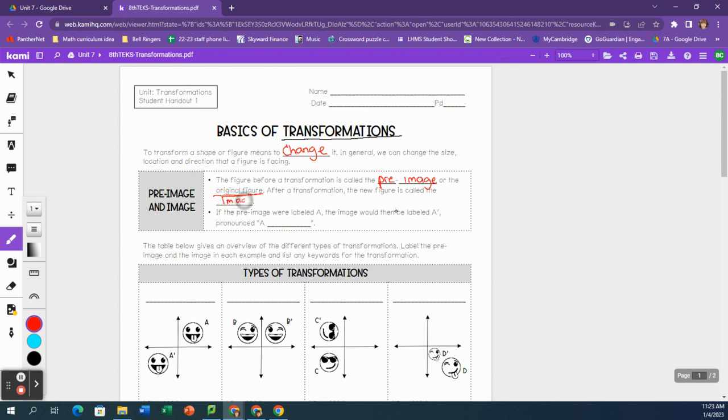So it'll either be called the pre-image or the image. Now, if we were to label it, A is the pre-image, and see A with that apostrophe? That's pronounced A prime. So let's look at these down here.